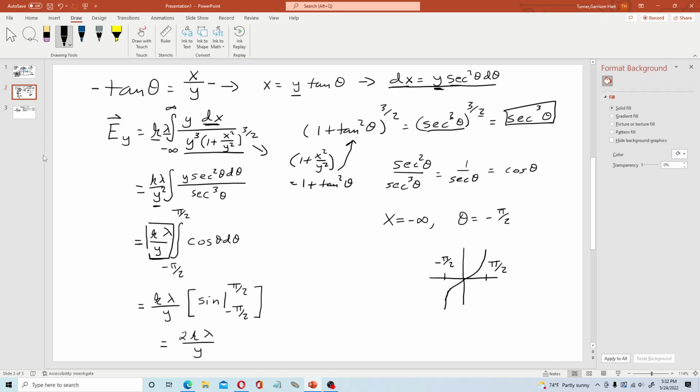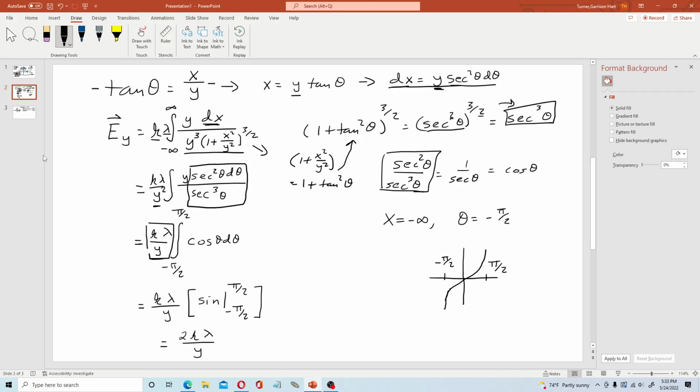And inside the integral, things boil down quite nicely because of the trig functions that are left. I have secant cubed in the denominator from the tangent substitution, and I have secant squared in the numerator from the dx, and secant squared divided by secant cubed is 1 over secant, and that's just cosine, right?